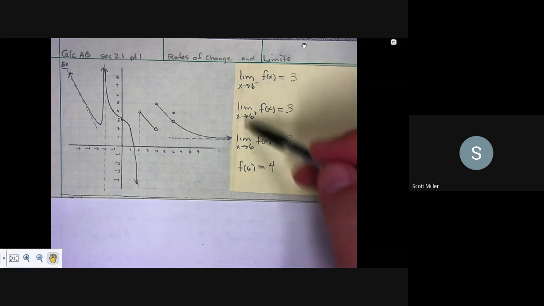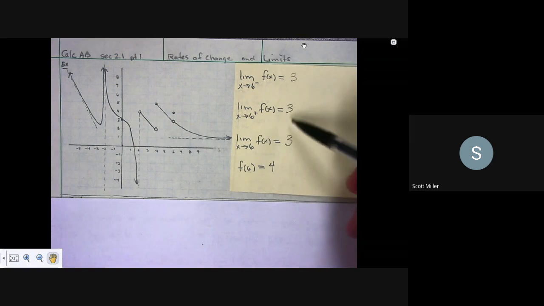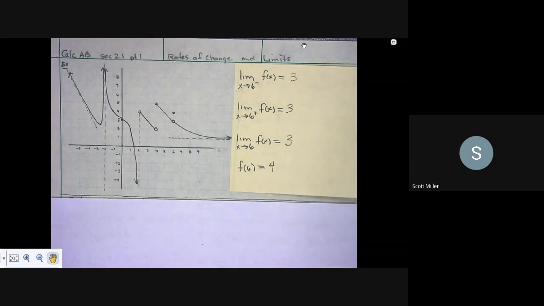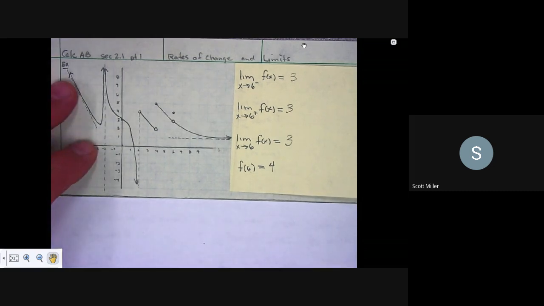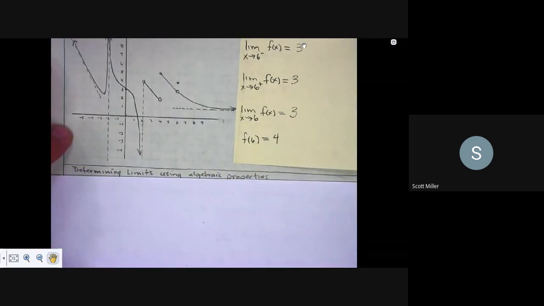As I get closer to 6, the y values are getting closer to 3. But at 6, the value is 4. So you have to separate yourself from the actual value and never forget that the limit is as I get closer. So you're getting closer and closer, not what happens at the value you're talking about. So that's this example. We'll explore this in more detail.